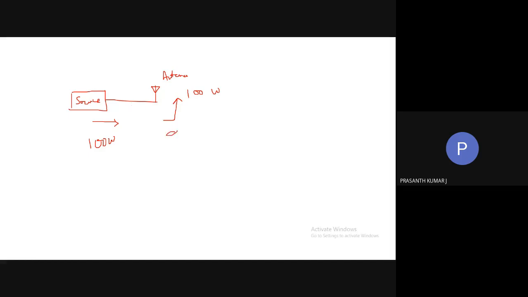Maybe if the antenna is 90% efficient, 90 watts will be delivered from the antenna. If 90 watts is delivered, then what happened to the other 10 watts? It is reflected, or it is lost.